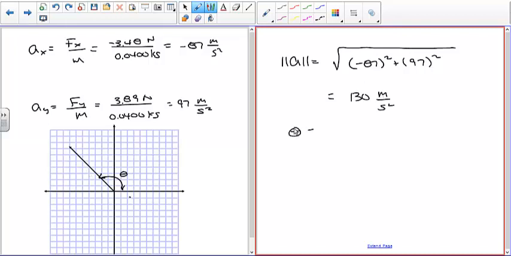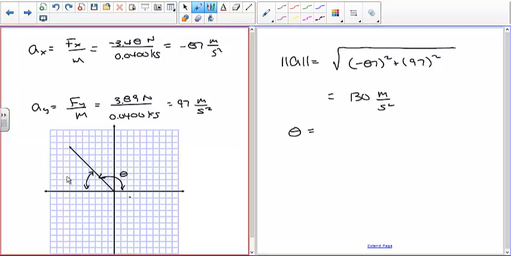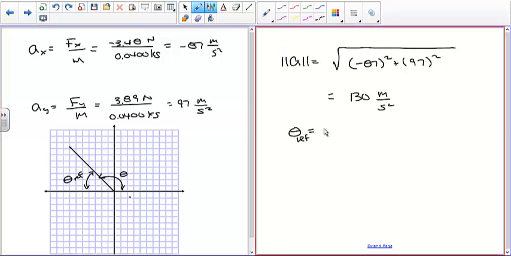And for theta, what we do is figure out the reference angle here. So that's my reference angle. We take the inverse tangent of the absolute value of the y component, which is 97, divided by the x component, which is -87.